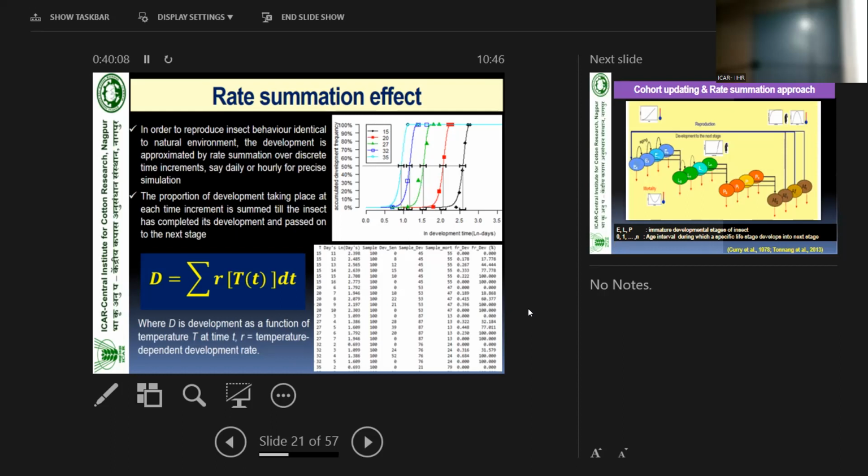You are just running the front end, but you should know what is happening at the back end, the processes, otherwise you won't be able to track the error, because software is a machine. It doesn't have any brain. Whatever data you enter, it will give some output. You will be happy, but you should know whether the data was of quality and whether the results are accurate or precise. Otherwise it is just garbage in and garbage out.